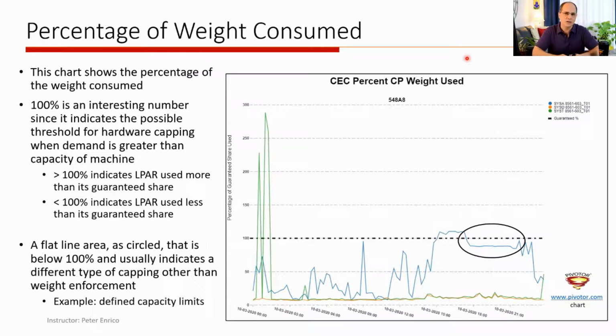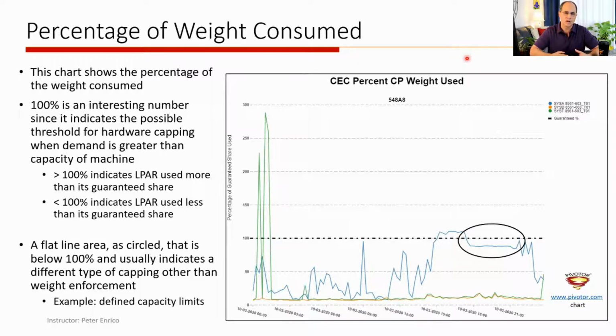The other thing you want to look at, which is also interesting, is percentage of the weight consumed as a pattern of activity. Now, this is a measurement that I've been talking about for 15, 20 years, if not longer. But the basic point here is that we know that we have our LPARs, and our LPARs have LPAR weights.